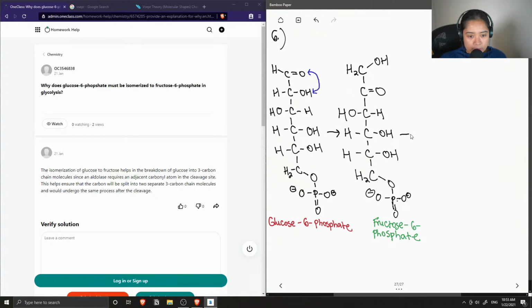Okay, so now I'm just going to show out the reaction that occurs right after this. So an ATP comes in and adds an additional phosphate ion to that carbon 1.